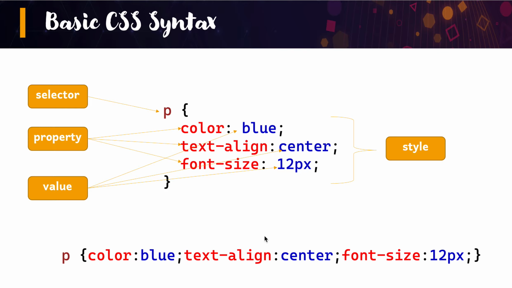Now, the standard does not actually say that you have to have it neatly defined in multiple lines with a new line for every property and so on. Browsers don't care, or the standards don't care, so we can pretty much combine everything in a single line, as shown on the screen.